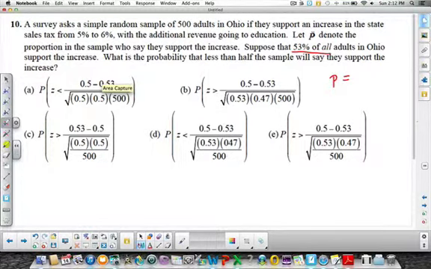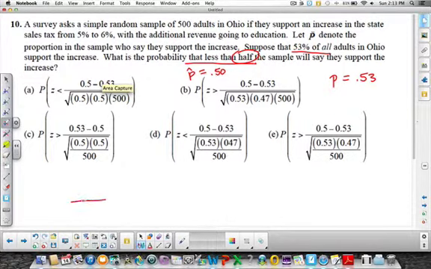So right there I know the true proportion is 53%. What's the probability that less than half the sample will support the increase? So my sample is P hat, and it's looking at 0.50 because half is 0.50.